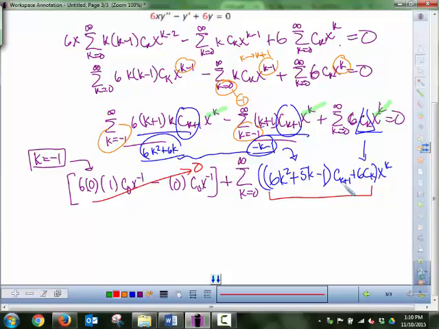So I'm going to solve for c sub k plus 1, and this is all set equal to 0. So over here, we get a relationship that says c sub k plus 1 is equal to negative 6 c sub k divided by this whole thing.